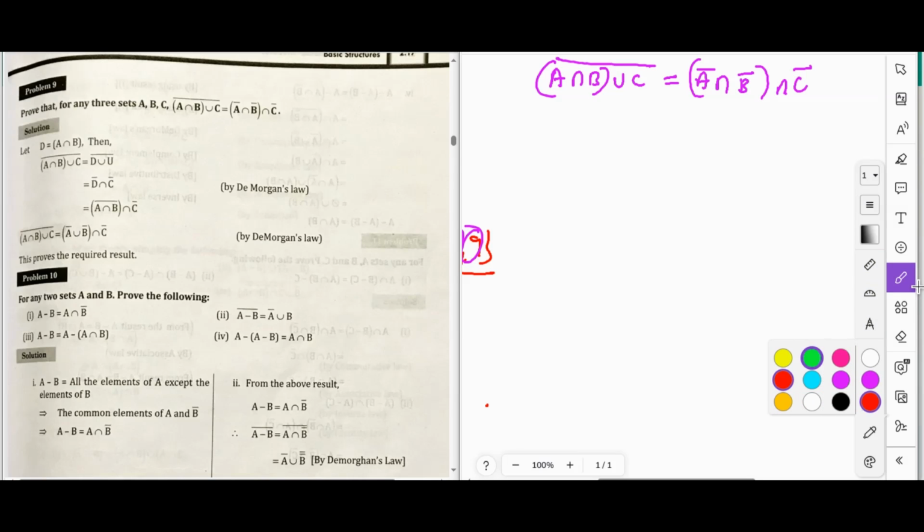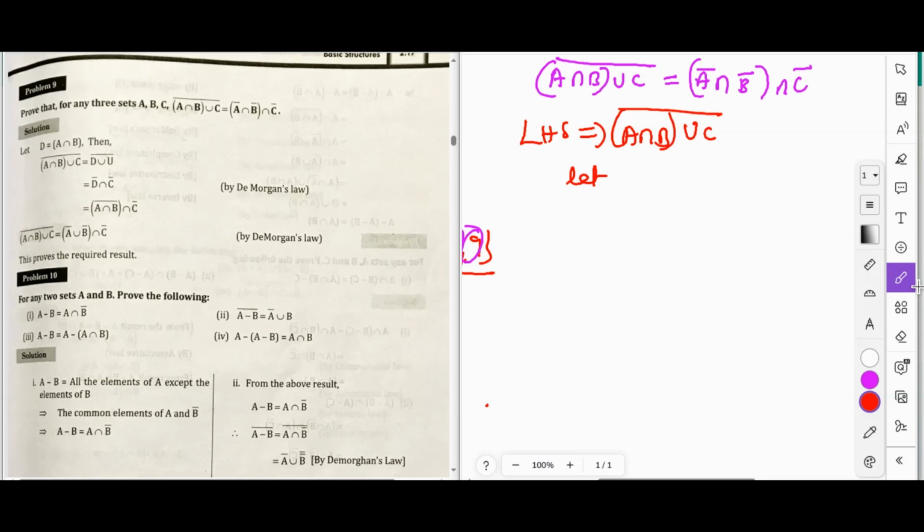LHS is (A intersection B union C) whole dash. So let D equals A intersection B. Now replacing, you get (D union C) whole dash. That is nothing but De Morgan's law, which says D dash intersection C dash.